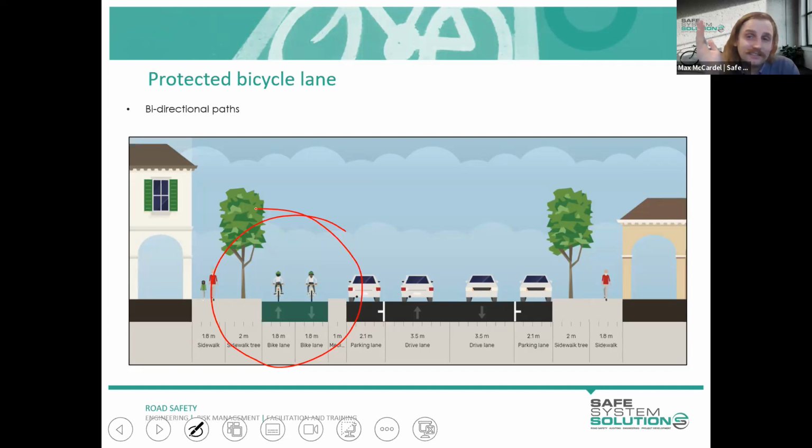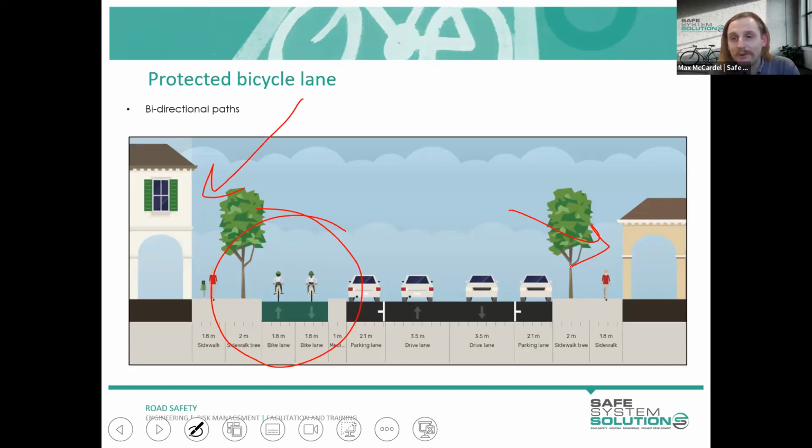Cyclists are instead given this is where you can ride. This is much more appropriate where all the facilities and amenities and things of interest for cyclists are on that one side of the carriageway, and the other side of the carriageway doesn't have that same generation of traffic.